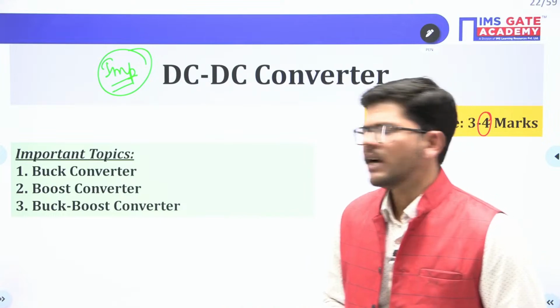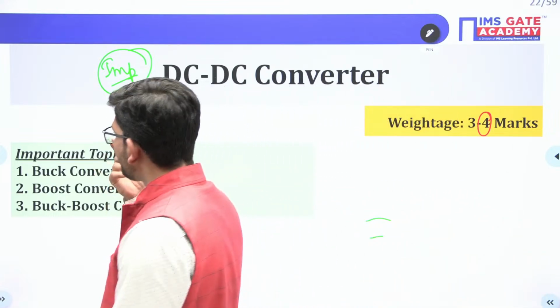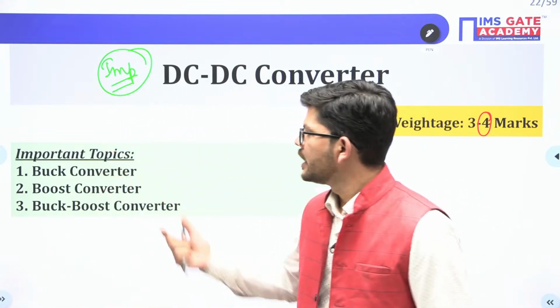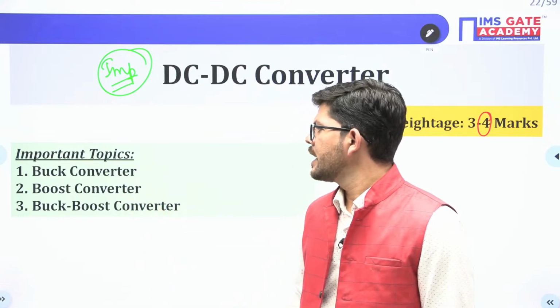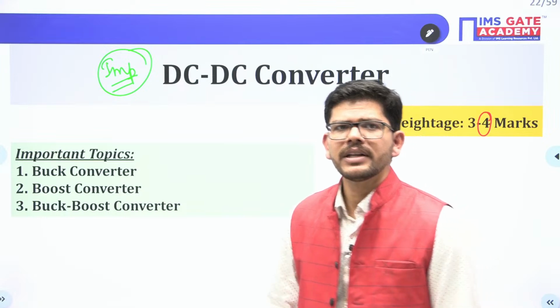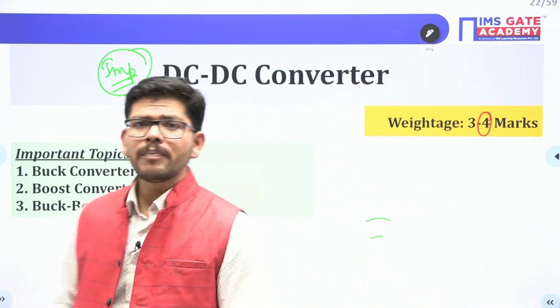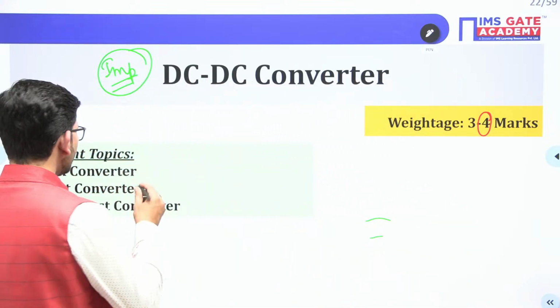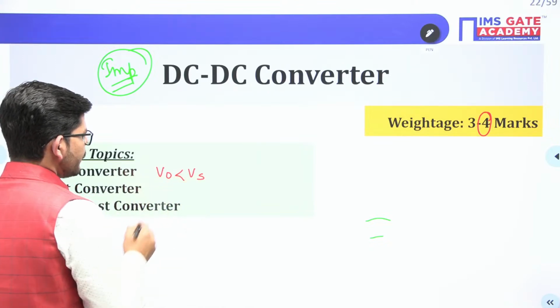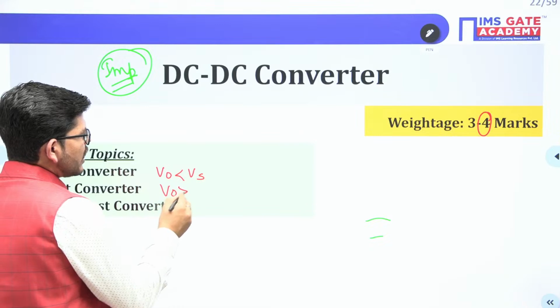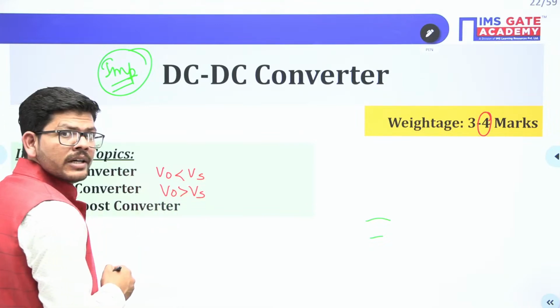Now again, what are the important topics? Different converters: the buck converter, the boost converter and the buck boost converter. These are the 3 important topics that we have. In case of buck converter, the output voltage is less than the input voltage. In case of boost converter, the output voltage is greater than the input voltage.